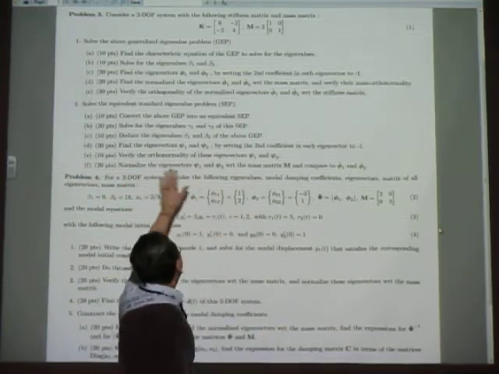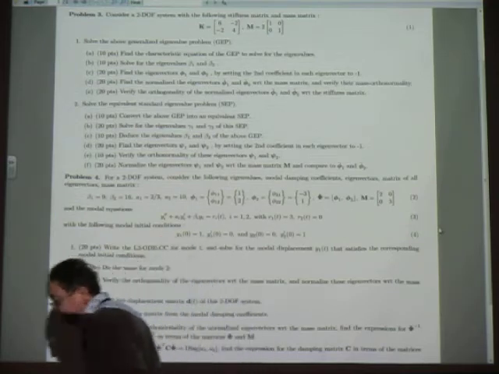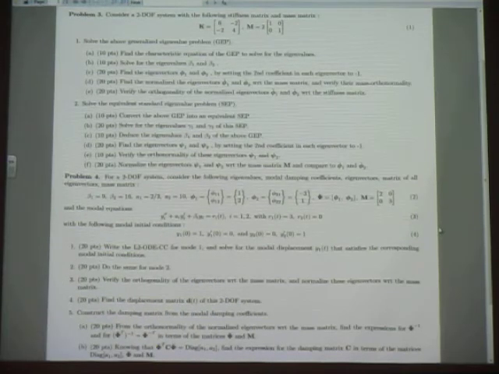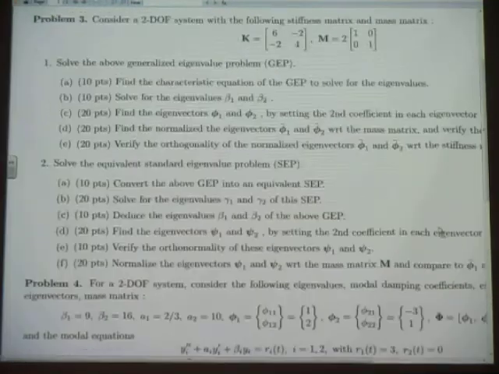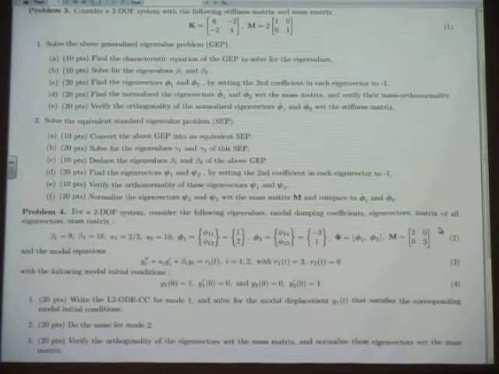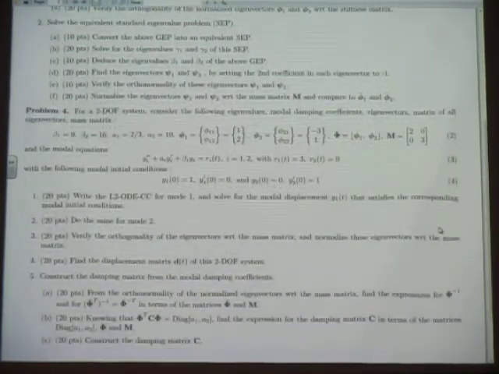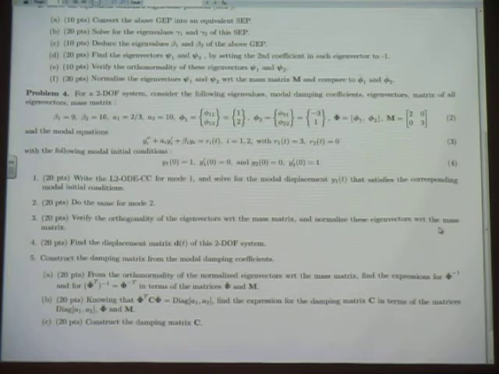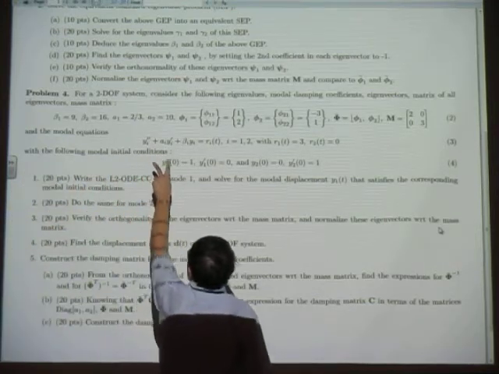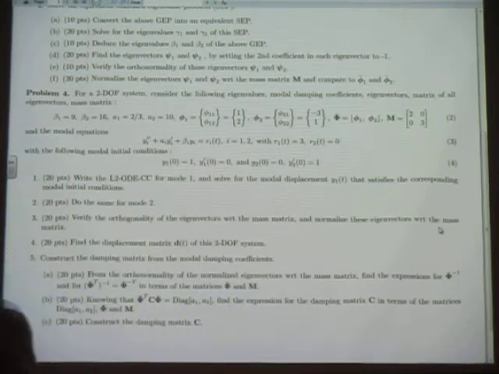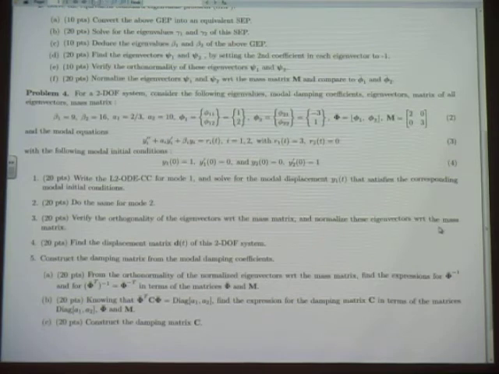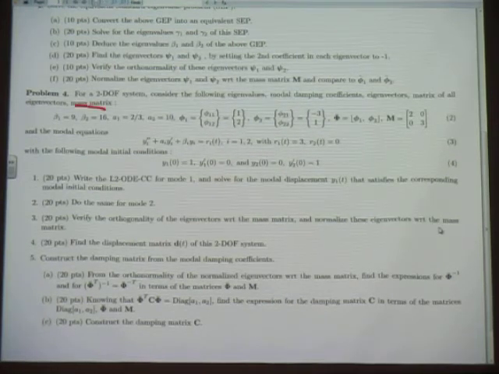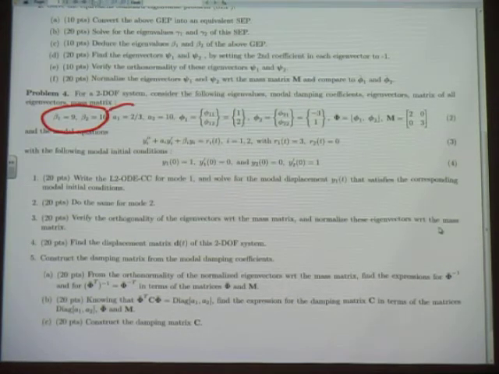So that's why in problem 4, what I did is I give you the eigenvalues. Let me zoom in. So in problem 4, uncoupled from problem 3 in the sense that I give you the eigenvalues, I give you the modal damping coefficients A1 and A2. So these are the eigenvalues here. These are the modal damping coefficients. Why do you know?